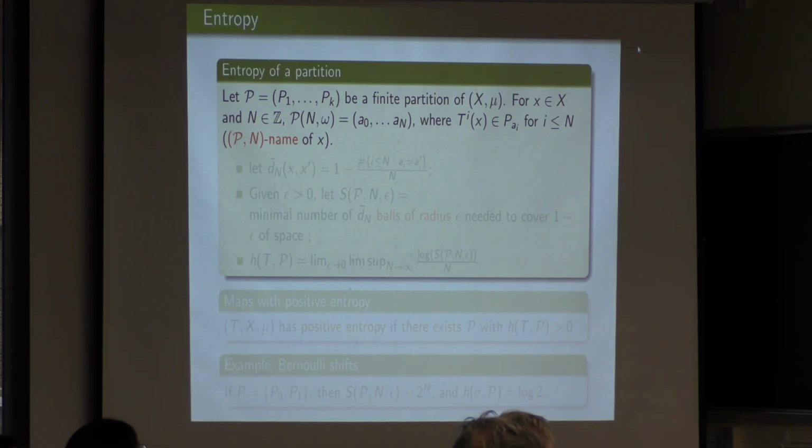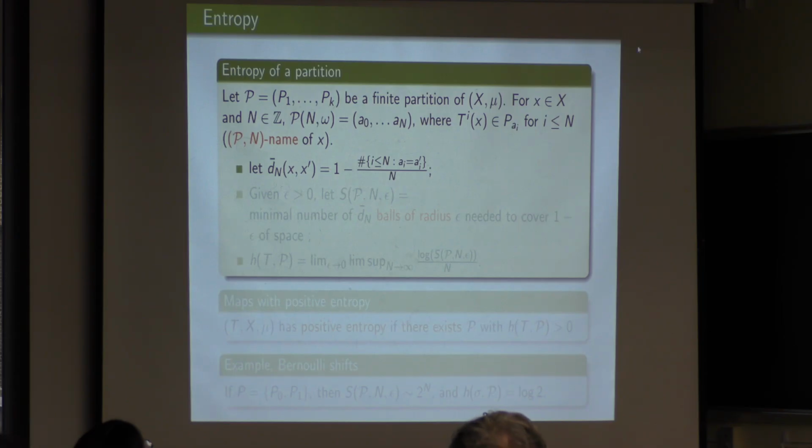And then you can measure the distance between codes. So you have a metric given this n on your space. I take my point x, it has a certain code. I take my point x prime, it has a possibly different code, and I can count how different they are. I look at the positions where they agree or disagree, and I define this.